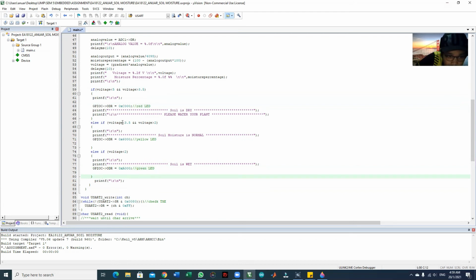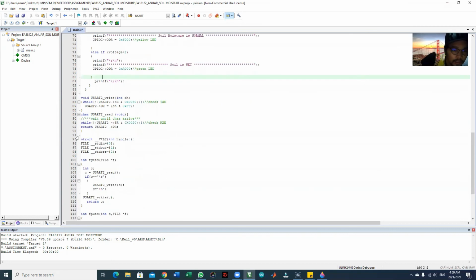Meanwhile, if the voltage is less than 3.5 and more than 2, that means the soil moisture is normal, and the yellow LED will be turned on, while the other two will be turned off. Else, if the voltage is less than 2 volts, that means the soil is wet, which is a good condition, and the green LED will be turned on.